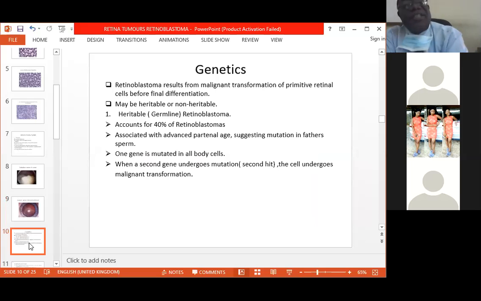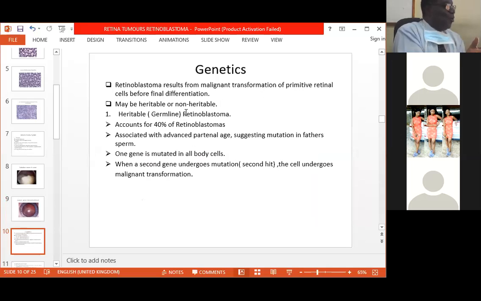Genetics of retinoblastoma: it results from malignant transformation of the primitive retinal cells before final differentiation. Retinal cells, before finally differentiating into mature retinal cells, you know, retinal cells are the ones responsible for appreciating the light, isn't it?